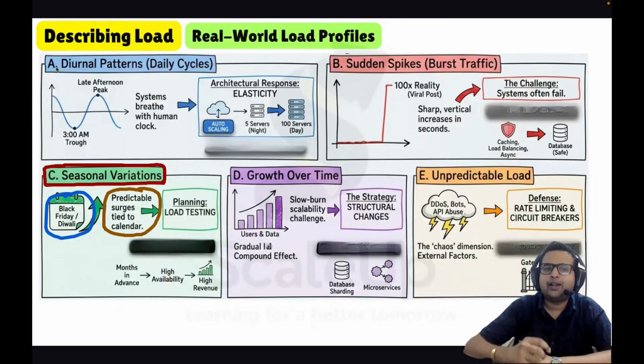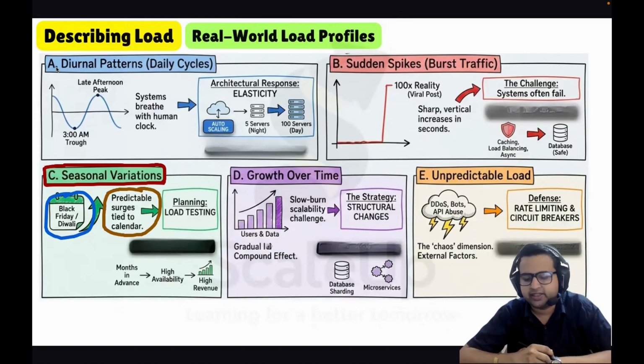Now, how to handle seasonal variations? See, seasonal variations are predictable. They aren't surprises. We are already aware of them. So proper planning is the key. Teams typically perform load testing months in advance to ensure the system's high availability during these high revenue periods.